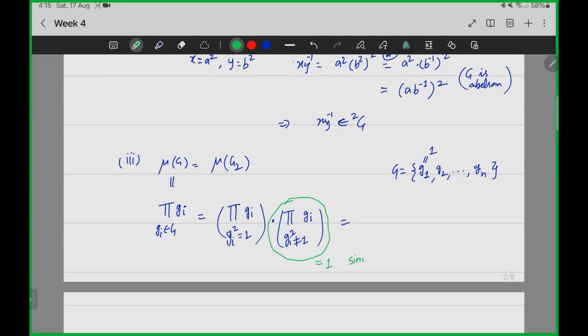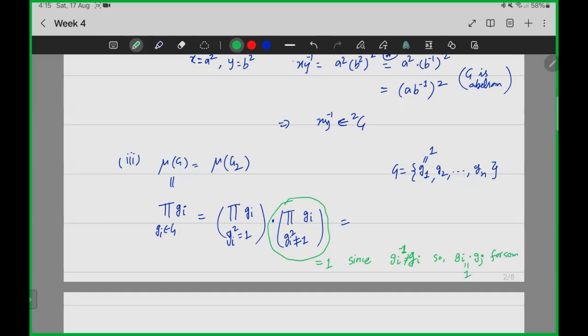Since gi inverse is not equal to gi, gi into gj for some j is equal to 1.